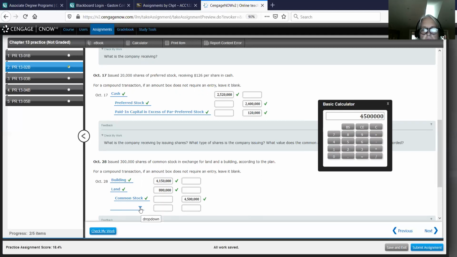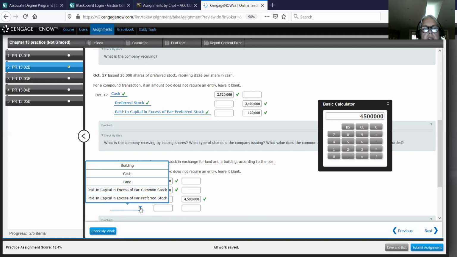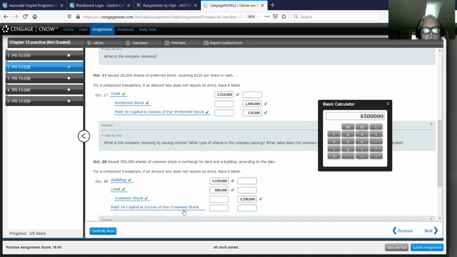The remaining account is going to be called the paid-in capital in excess of par value on the common stock. Make sure you choose common stock because we are issuing common stock here. And the paid-in capital account will be the difference between the debits and the credits. That's one way we can determine the amount of the paid-in capital.